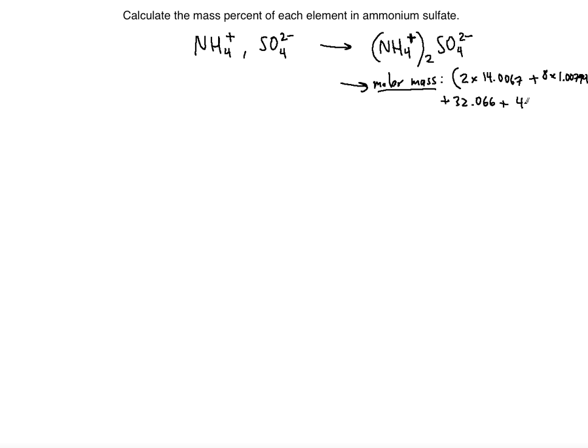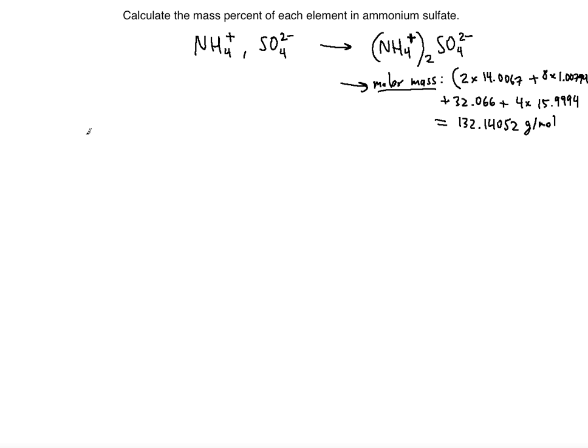So 4 times 15.9994, right? So this is equal to 132.15052 grams per mole. Okay, so that's the molar mass of ammonium sulfate.